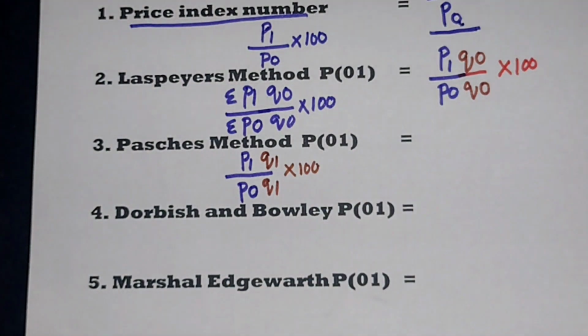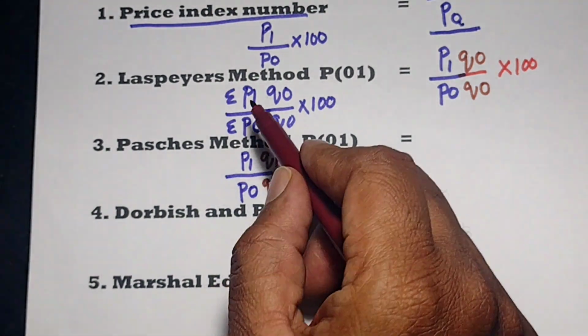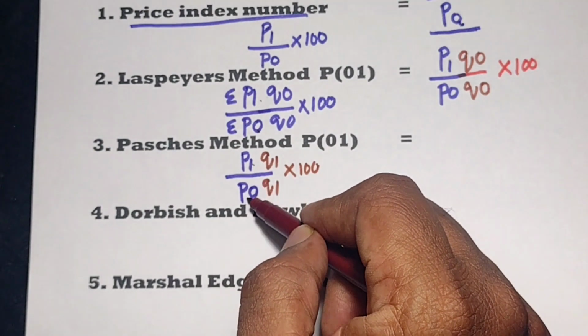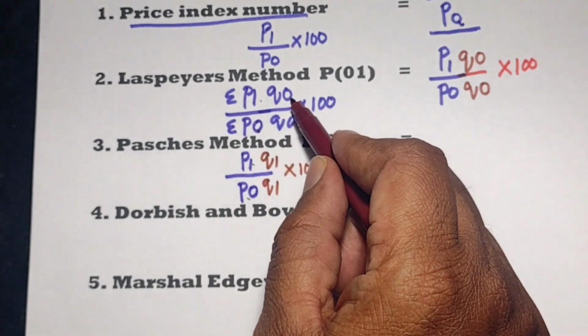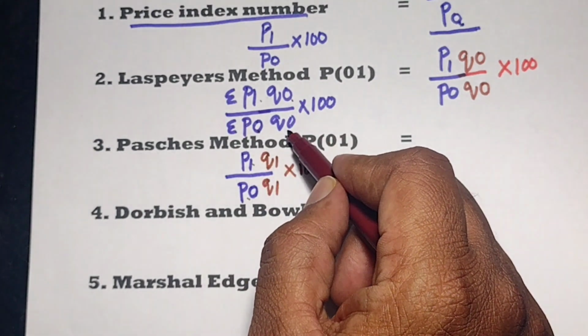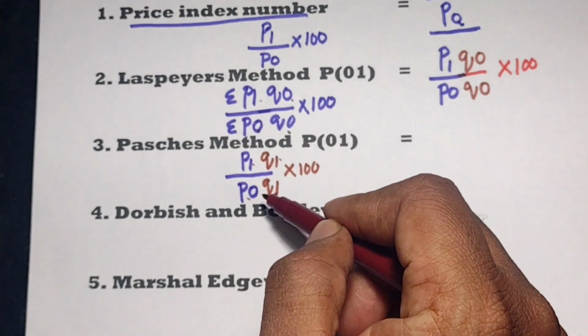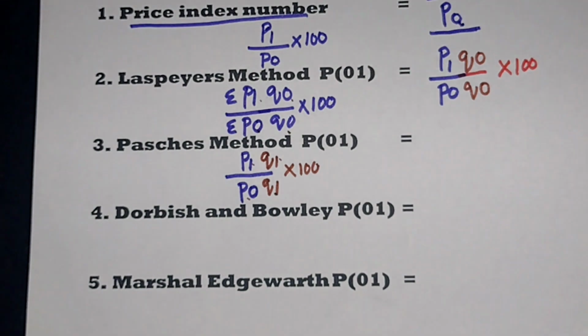So just compare that in both the persons, what is common? P1 and P0, P1 and P0, but Q0 is for Laspeyres and Q1 is for Paasche.